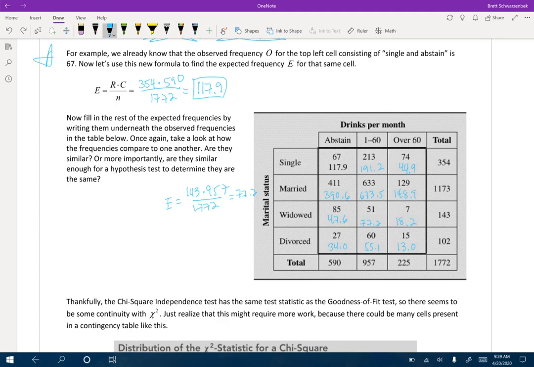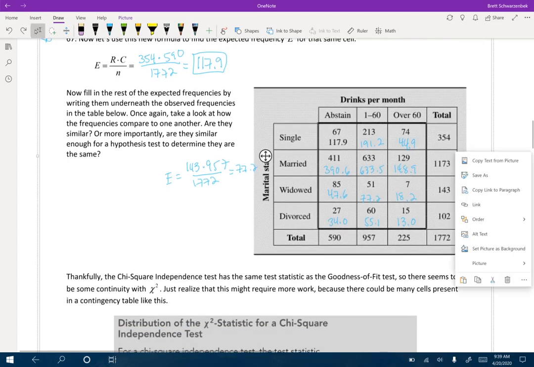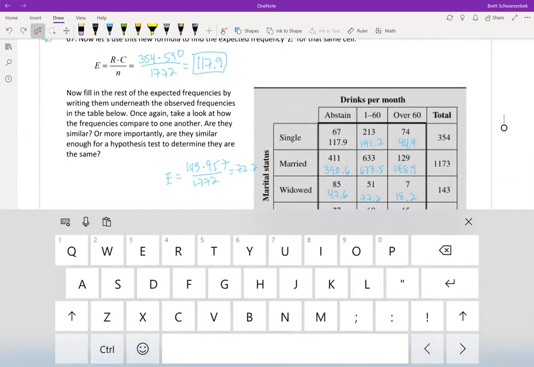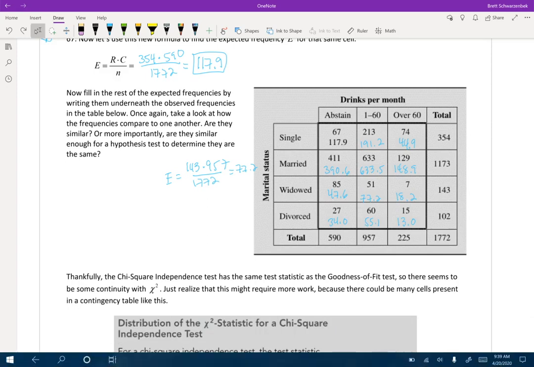So what we have to do basically is treat all of this as, for example, single and abstain would be one variable. Single and 1 to 60 would be another variable. Single and over 60 would be another. Married and abstain would be another. So essentially, every single one of these cells in the table represents one calculation that you have to do.